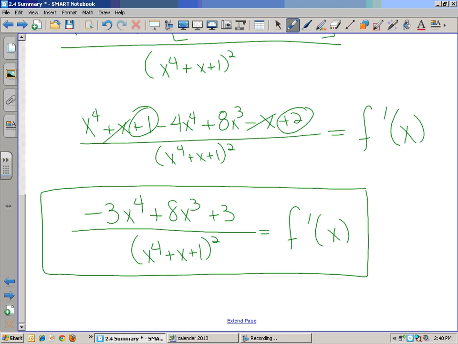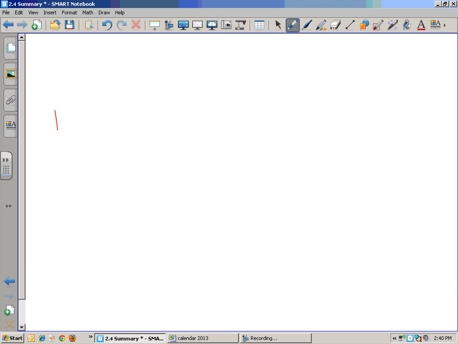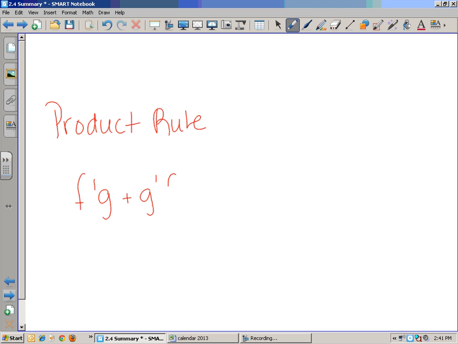Okay, so that would be the difference quotient. Now, football is trying to come in here now, so I'm going to go ahead and be done for now. But I would strongly encourage you to write these on the top of your paper. So f prime g plus g prime f, where f is not top here. f is first term and g would be your second, okay?